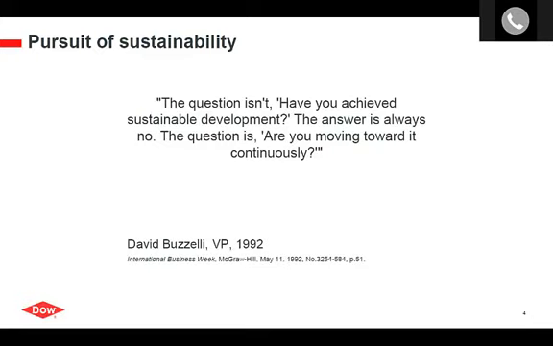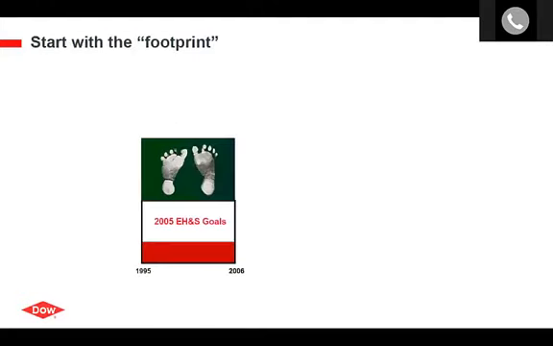At Dow, this quest really started in earnest with the development in 1995 of our bold 10-year goals for environmental health and safety on the next slide. We didn't call them sustainability goals yet, but that is what, in fact, they were.